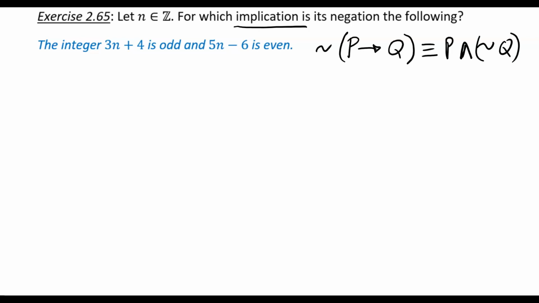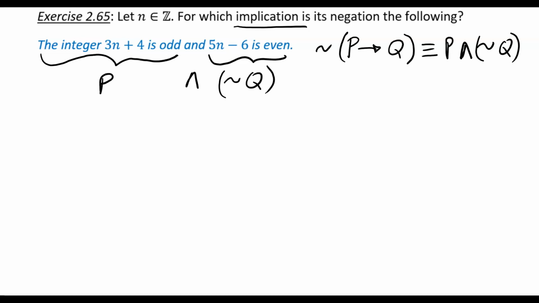So let's see. If we let this be P, and this would have to be not Q if this is the negation of an implication statement.